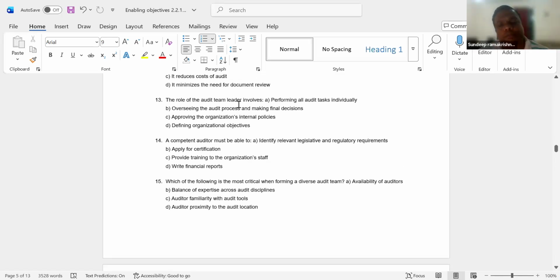Question 13. The role of the audit team leader involves: A, performing all audit tasks individually; B, overseeing the audit process and making final decisions; C, approving the organization's internal policies; D, defining organizational objectives. Harish, what is the answer? You are the person who seems to have read most of the standard.